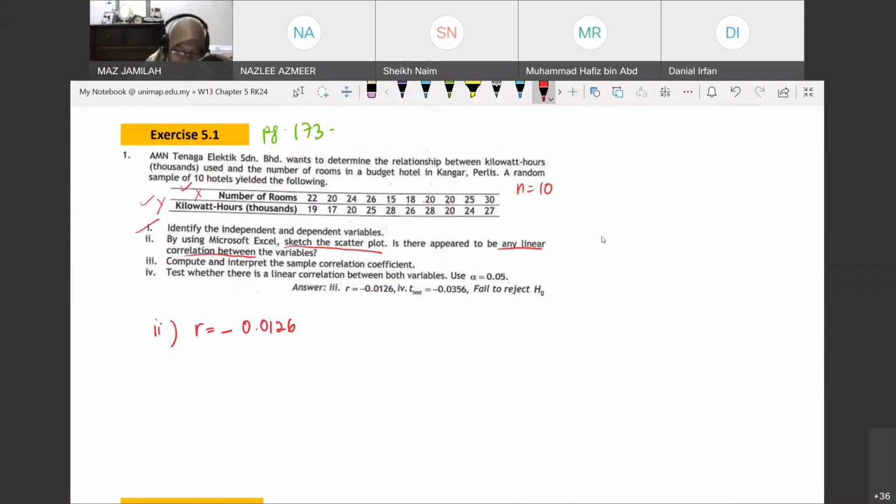But since you are using your scatter plot, you are not using your r. So class, based on the scatter plot, you can almost have the answer as what you have in your box.